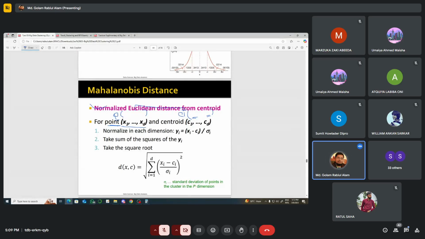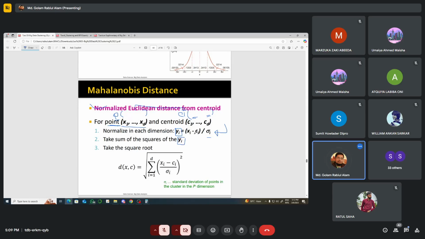For that, we normalize in each dimension using this formula: xi minus ci, divided by sigma i. Then we get yi. Then take the sum of squares of the yi.